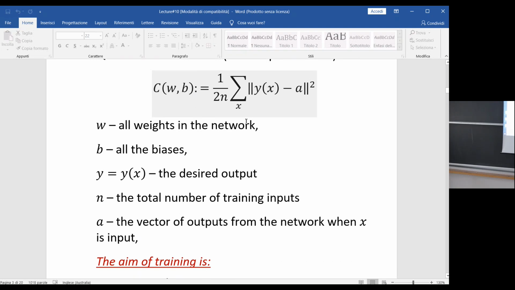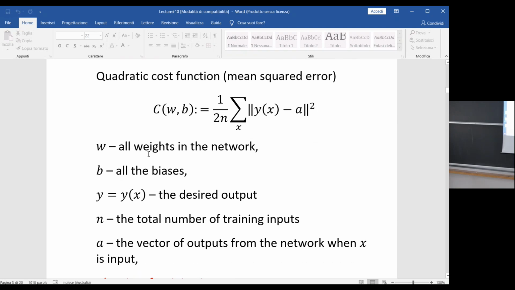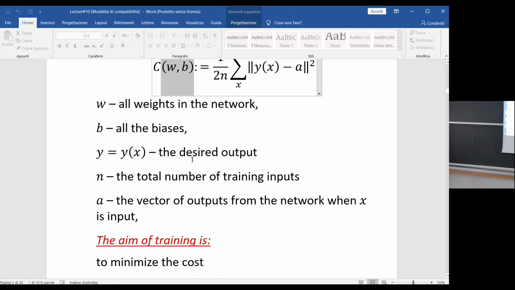So we have this summation over all training samples, and we should create this cost function, which depends on all weights in the network and all the biases in the network. Yes, y is the desired output and n is the total number of training inputs.